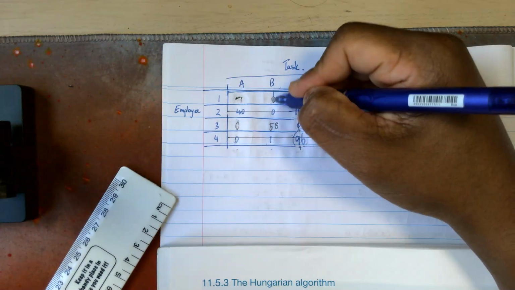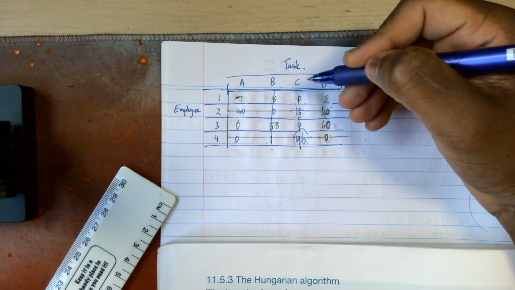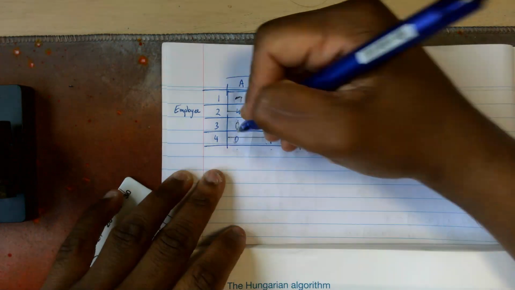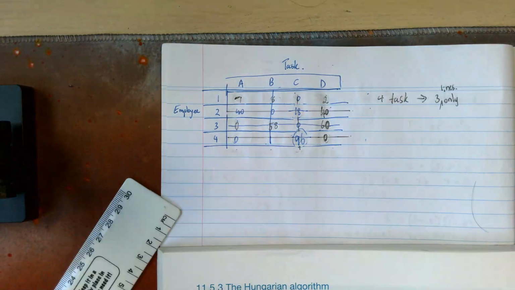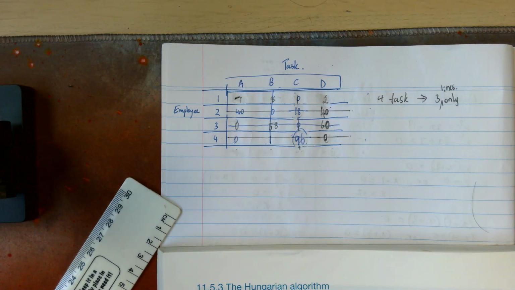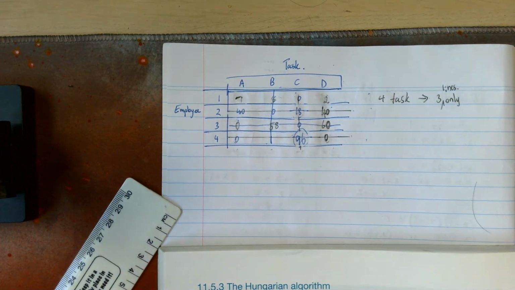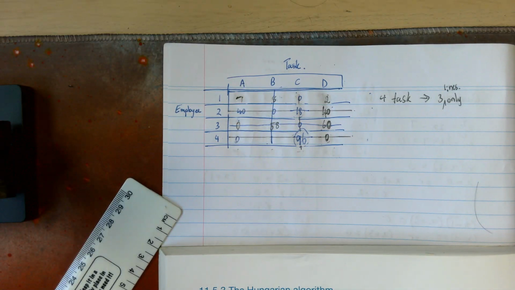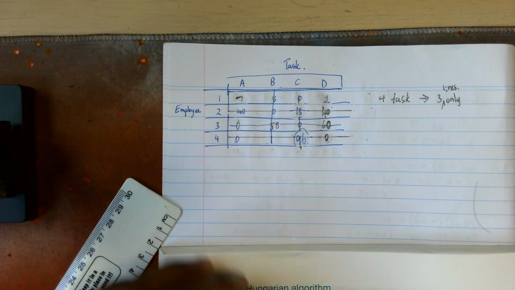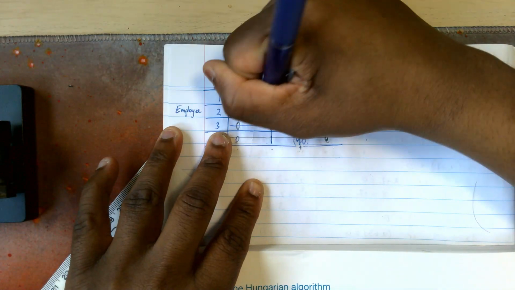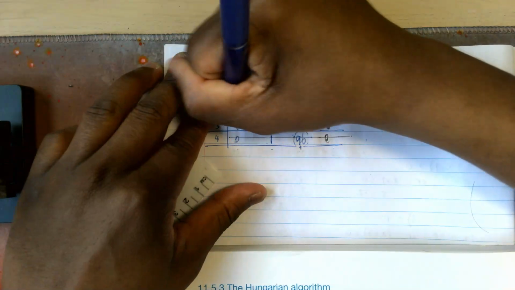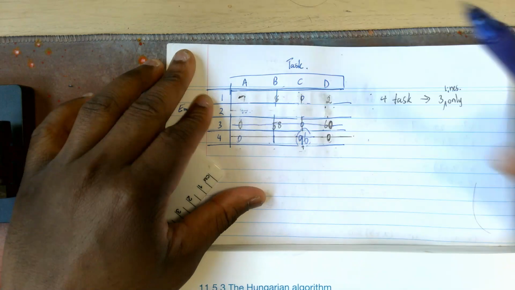Which means I just need a line here and a line there. The minimum number of lines, so I can work that out.